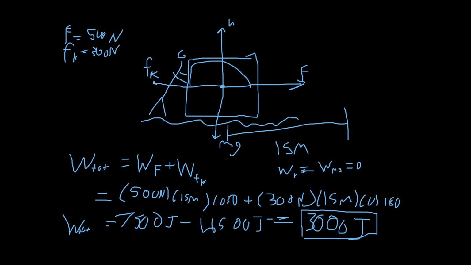But if you flip this around based on your perspective, you will get a negative 7,500 joules plus 4,500 joules. And that's basically what controls the sign: how you set your negatives and positives in your frame of reference.